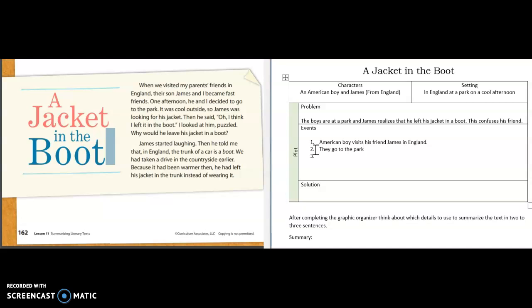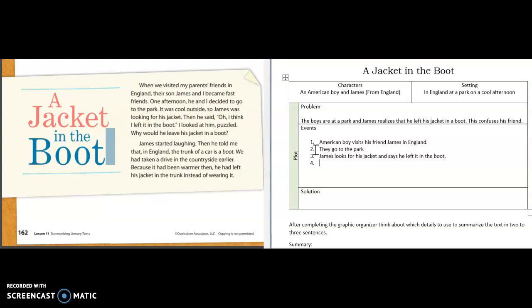The next major event, James looks for his jacket and says he left it in the boot. Still kind of funny to me. Now, his American friend is puzzled about what James means.